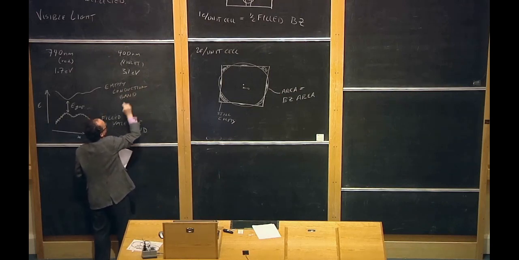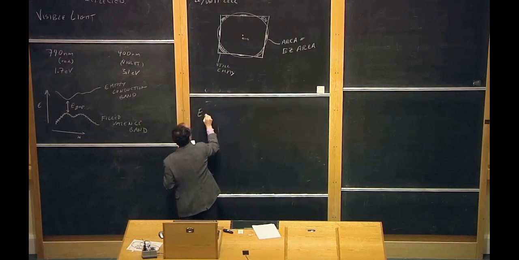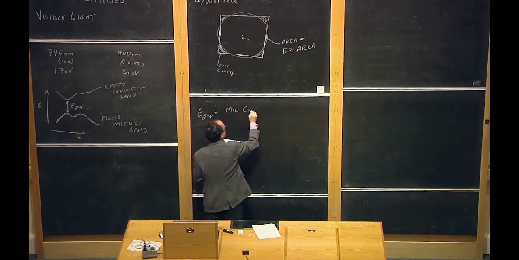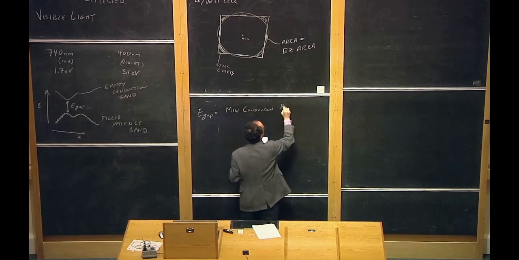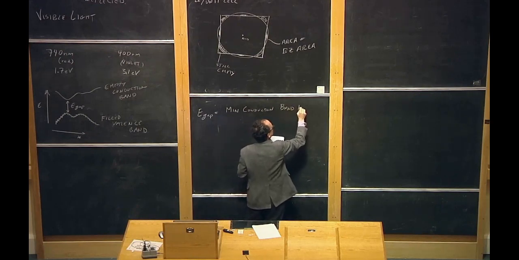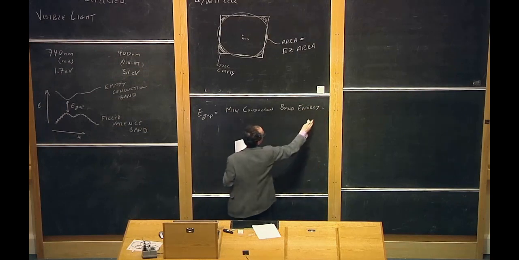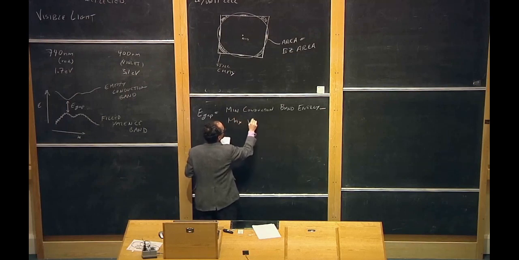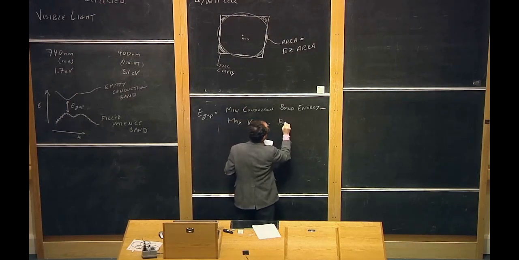Maybe I should define what I mean by E gap generally. So E gap equals the minimum conduction band energy minus the maximum valence band energy.